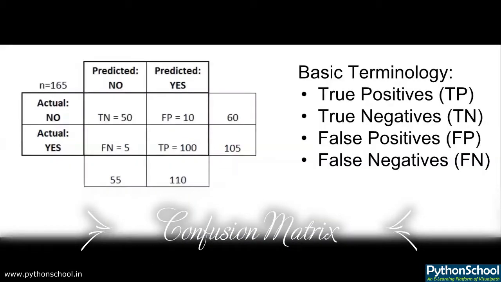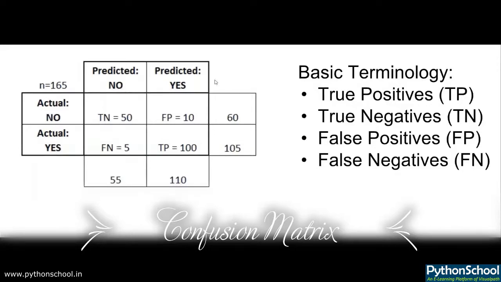Now let us look at some of the basic terminologies in the confusion matrix. We have something called true positives, true negatives, false positives, and false negatives. Let us see what this means in this particular table. The true positives are the ones where we predicted yes, and in reality also the value is yes.